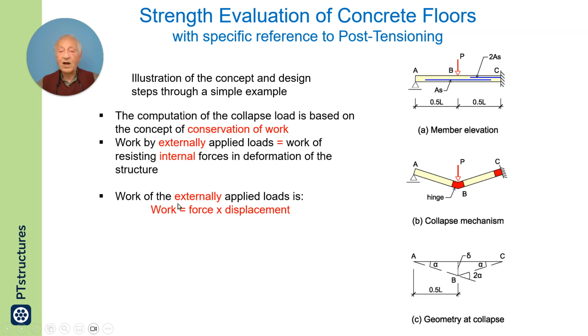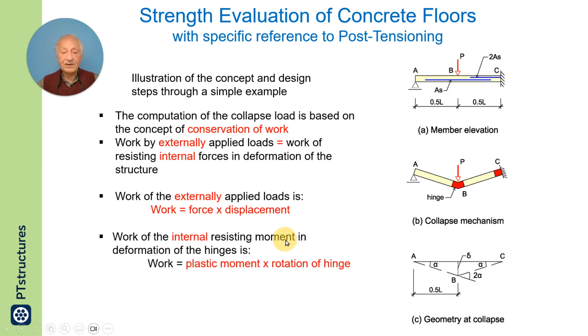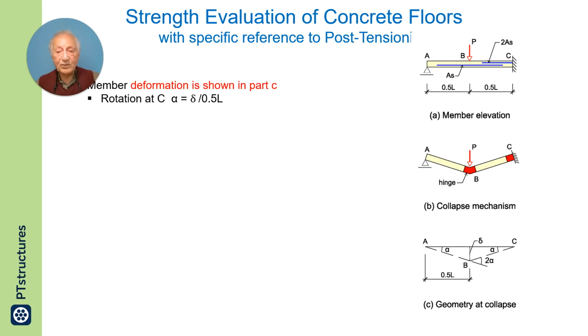The work of the externally applied load is force times its displacement. This force times its displacement. The work of internal resisting moment, the moments here and here, is the plastic moment of the location times rotation of the hinge. Moment times rotation is the work done.